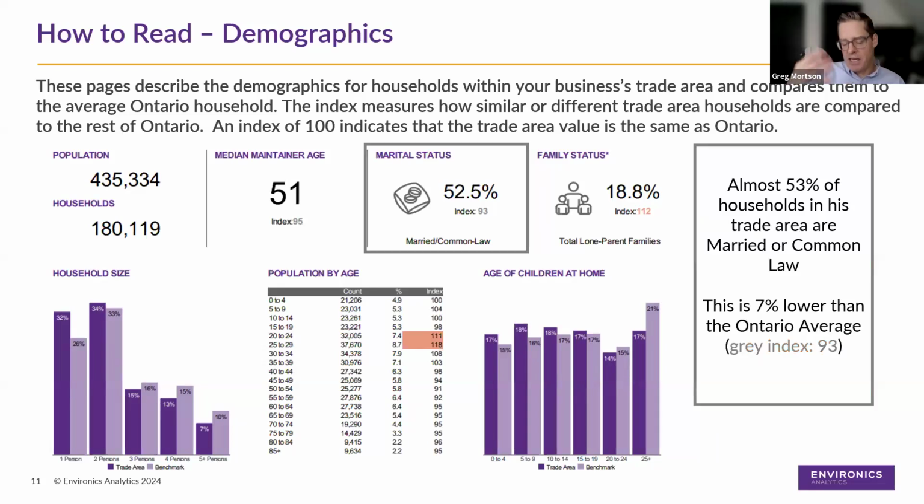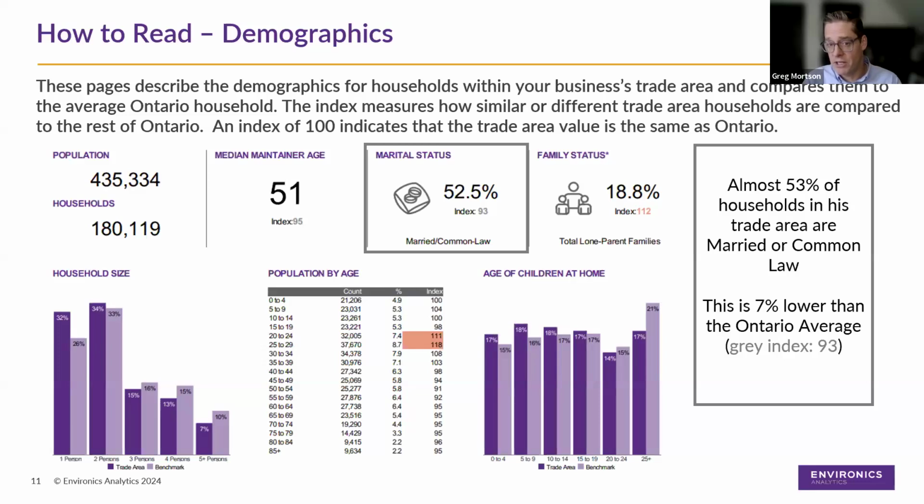So this measure is repeated throughout the report. For your trade area, you'll get the variable's value. So for example, 52.5% of the families within this trade area consider themselves married or common law. So you get an indication of what that is, but you also get an indication based on that index of 93 that that's actually lower than the provincial average, about 7% lower.